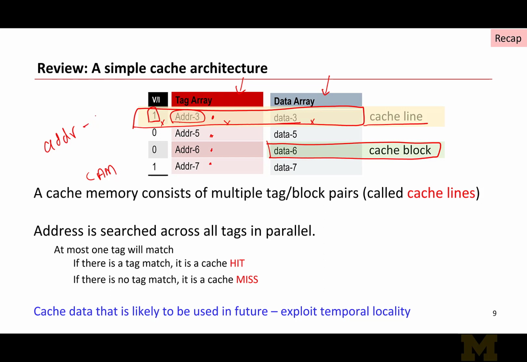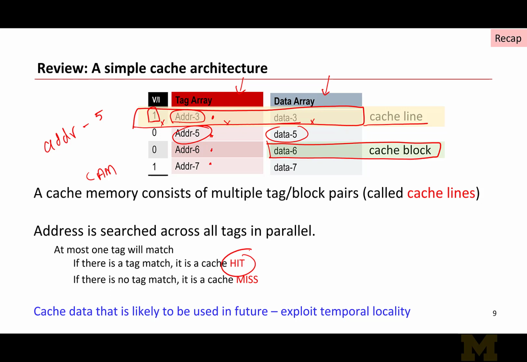So if I give an address 5, you will match the address 5 and you can retrieve the data corresponding to that address. That is called a cache hit, meaning when I find the address that I'm looking for, that is a cache hit.